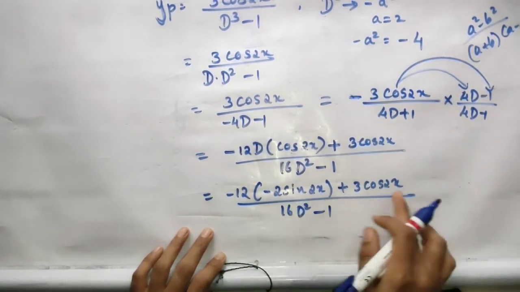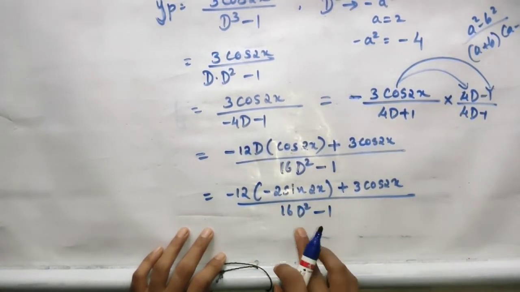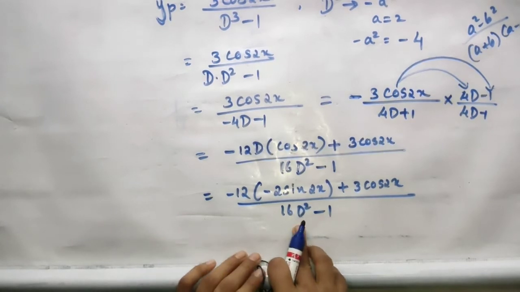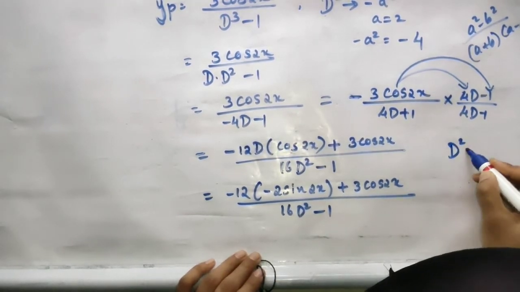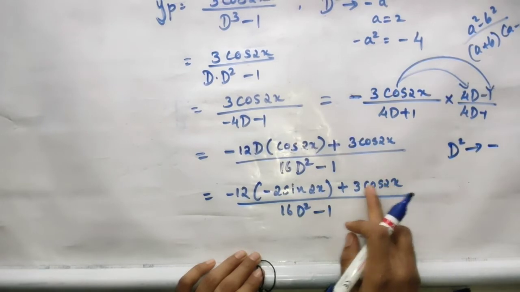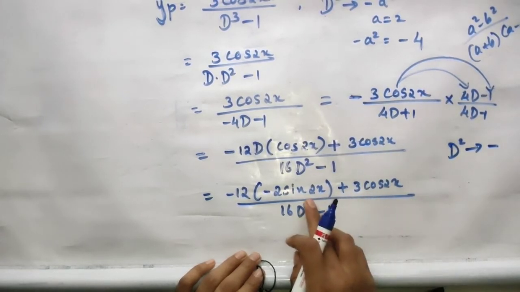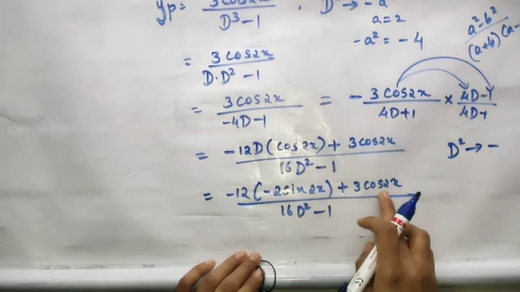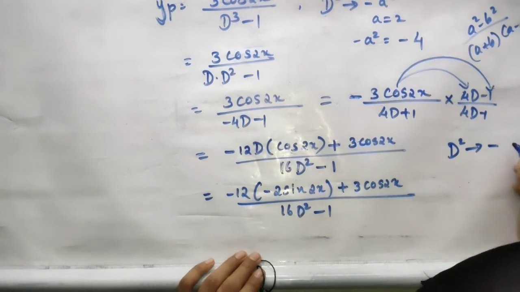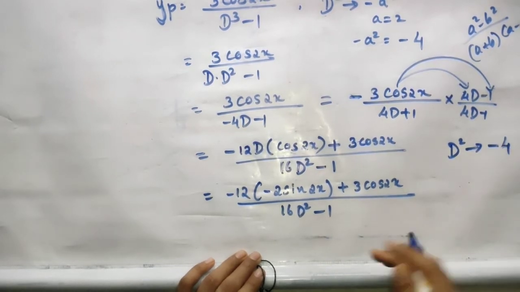Now here also there are trigonometric terms which are sine and cos only, and you have D square in the denominator. Both terms have the same coefficient for x, 2 and 2. So replace D square by minus 4 again.